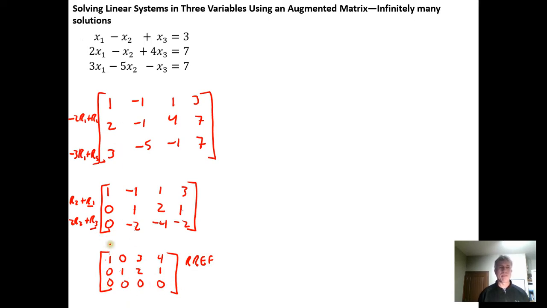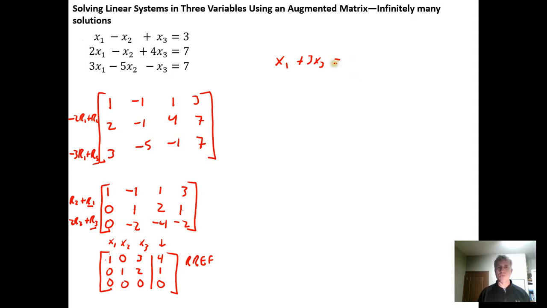And then we just need to remember that these columns correspond to our variables, x sub 1, x sub 2, and x sub 3, and then our constants are sitting here. So we interpret the matrix this way. This is 1 x sub 1 plus no x sub 2's plus 3 x sub 3's. And this is the augmented part of the matrix, so everything on the far right is our constant term.